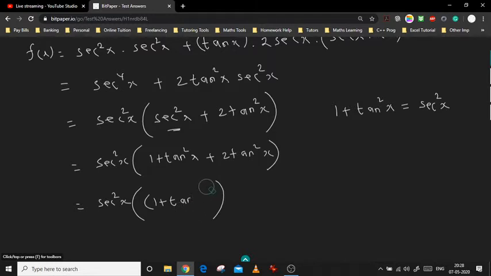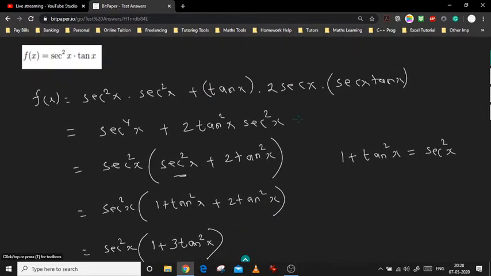So we just have to leave it as it is. These two are like terms, so we put it as 1 plus tan squared x plus 2 tan squared x, which is 3 tan squared x. So this could be the answer for this question.